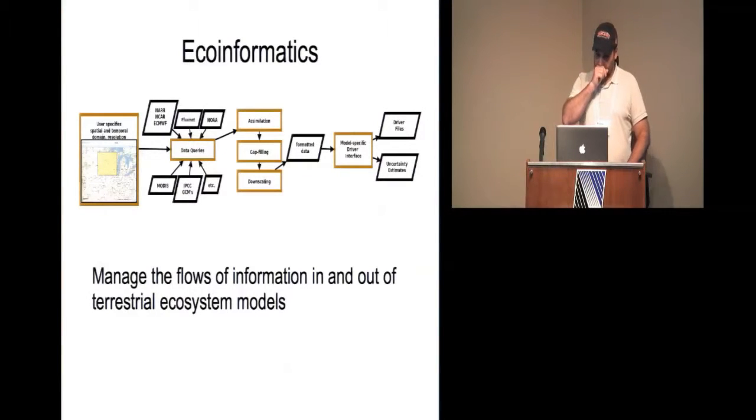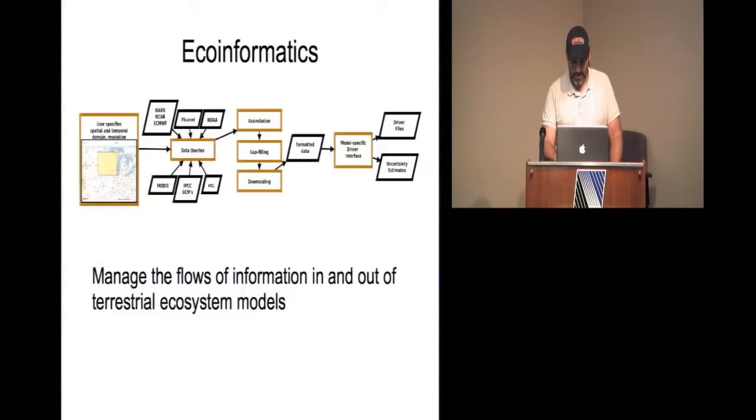One of the challenges in all of what we're building here, there are many challenges, but one of them is managing these flows of information. We're trying to throw every type of data we can, the kitchen sink, against these models because they're under-constrained. So we're building a workflow.